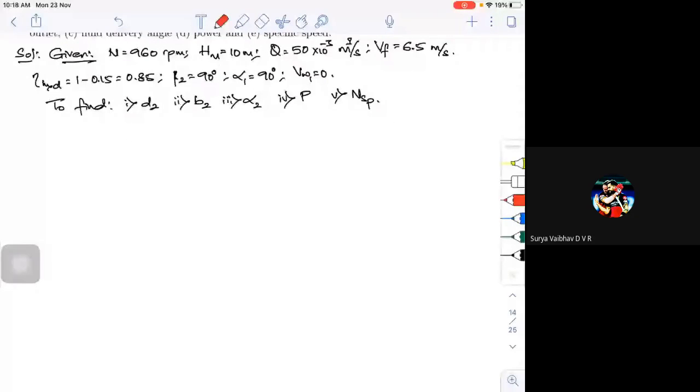Okay. So this is my exit radius, or this is my inlet radius. Let us try to put the triangle. So this will be my blade. Okay. Then let us try to draw the inlet velocity triangle. So this will be my VR1.